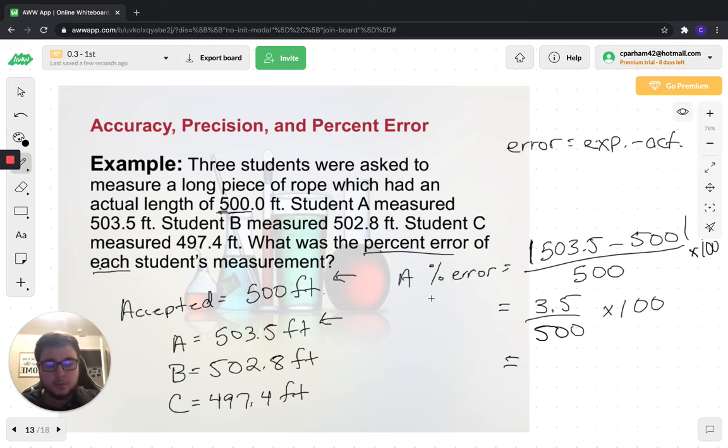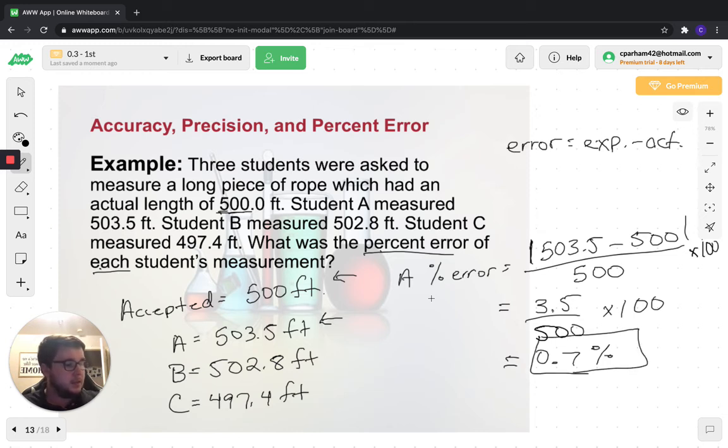Okay, so it'd be 3.5 divided by 500, and then times 100. And I'm going to get 0.7, and that's 0.7%. So 0.7% is the percent error for student A.